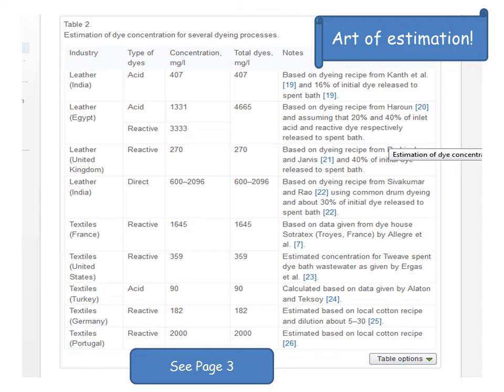Okay. For example, in my case, when I want to start my PhD, at that time, I'm so blur. To what number of dye concentration should I start? My supervisor asked me to use high concentration, highly concentrated dye. Okay, highly concentrated dye.